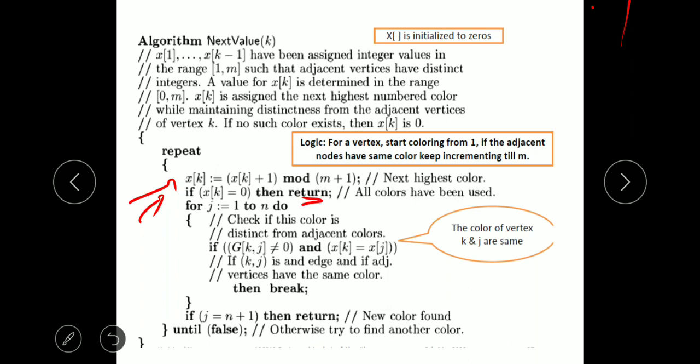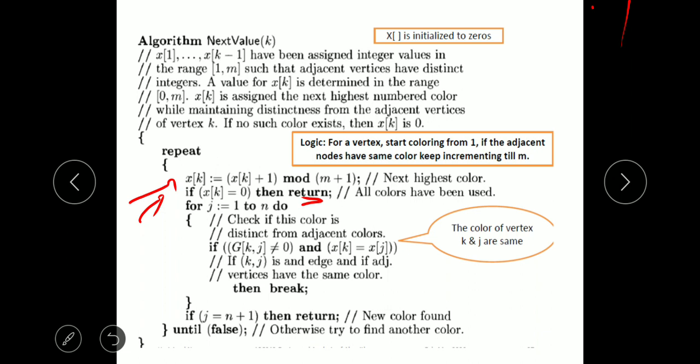When it makes a call to return, the control jumps back to the function mColoring, wherein it again checks if x of k is equal to 0, and if it is true, it is going to execute a break statement, which means that it is backtracking to its previous vertex.